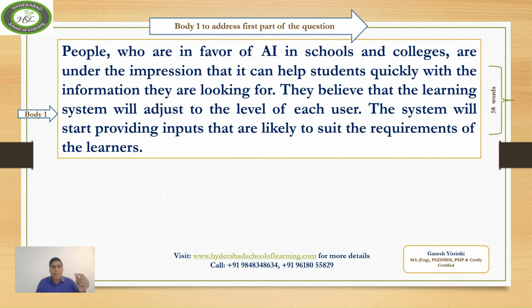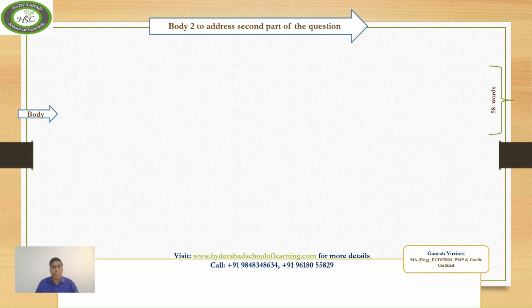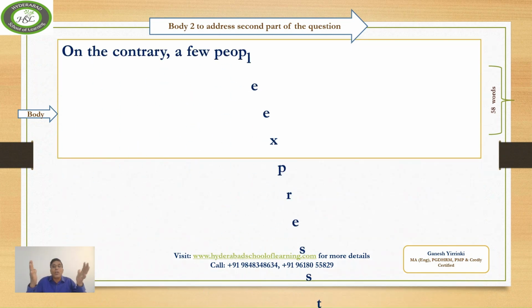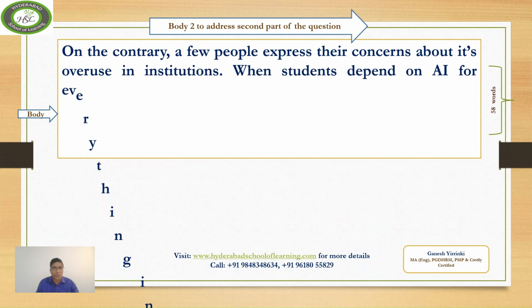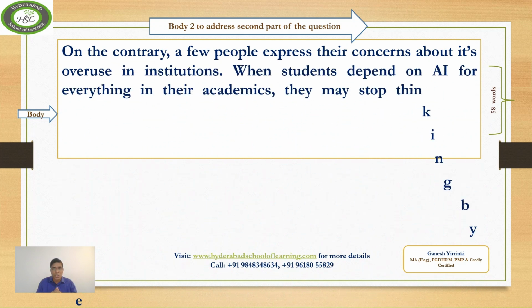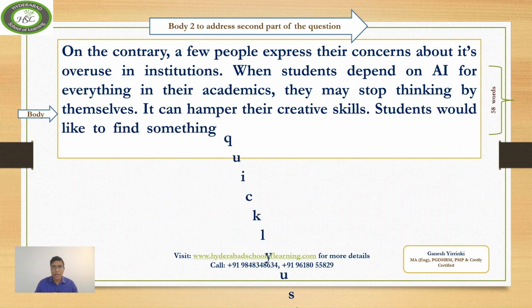This body paragraph addresses the first part of the question, whereas the next part of the question is the other set of people who are not in favor of artificial intelligence in academic institutions. Why do they oppose the presence of artificial intelligence? You can express that in another body paragraph.